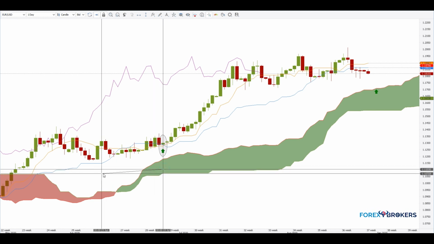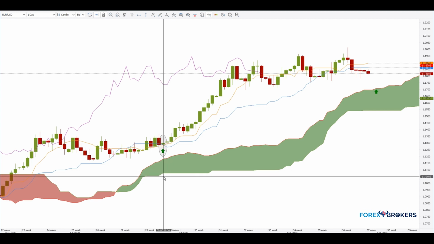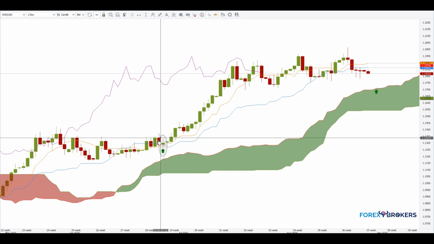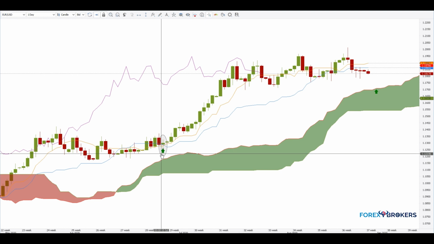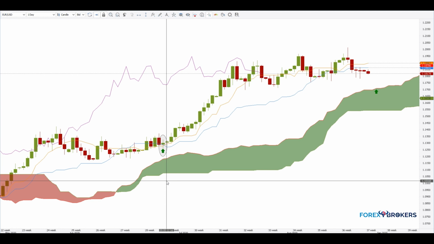So when the price was here, the cloud was here, and the cloud already had a green, bullish color. So by the time the Kinjun and Tenkan crossed, the sign was to go on the long side, because the cloud also encouraged that.